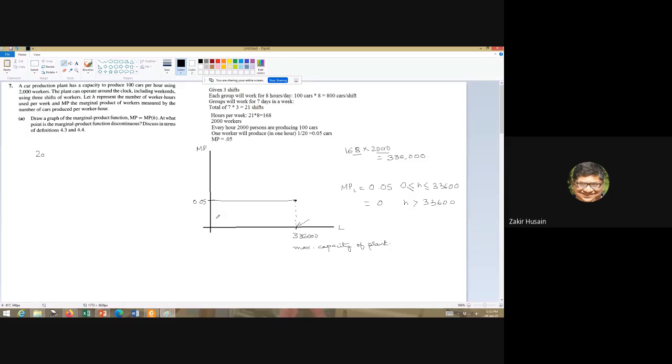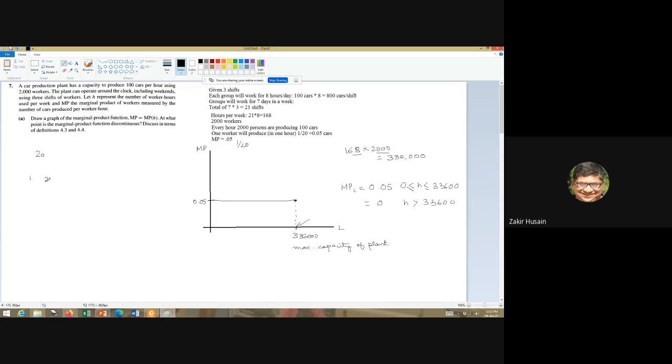Okay. See, in a particular shift, what is happening is you start with, let us say, no workers. Then you add one worker, one working hour. How many cars will you produce? It will be 1 by 20, which is 0.05.